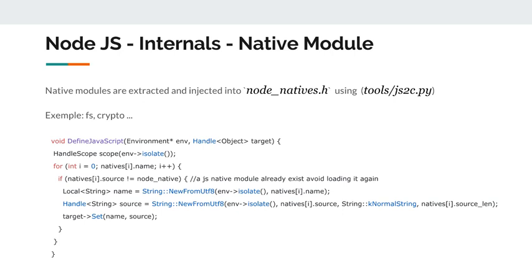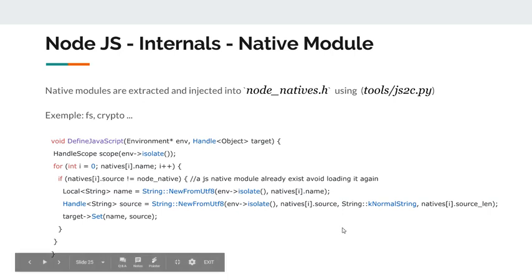Inside Node.js, we have this C++ function called DefineJavaScript. Whenever you compile Node.js, it will run this DefineJavaScript function, and it will get from that header file an array called natives. At this particular line, it will go inside natives and extract the script name.